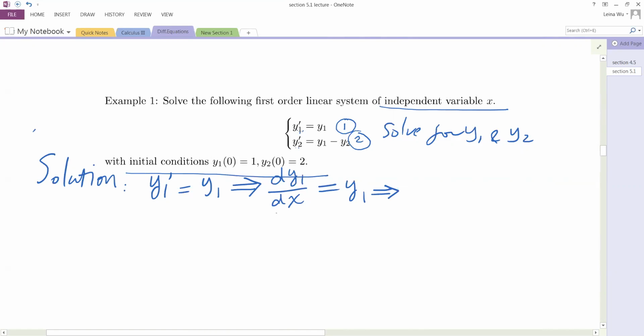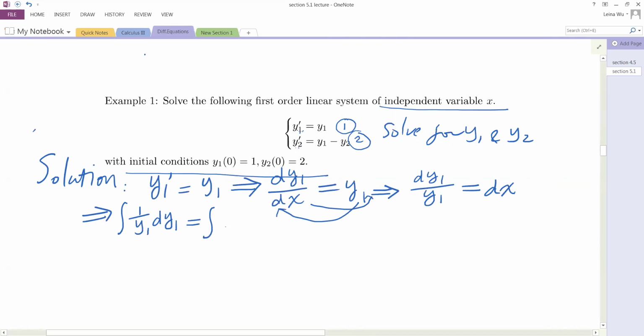Let's separate y1 and move the dx to the right. So we have dy1 over y1 equals dx. Then take the integral of both sides. So we have the integral of 1 over y1 dy1 equals the integral of dx.